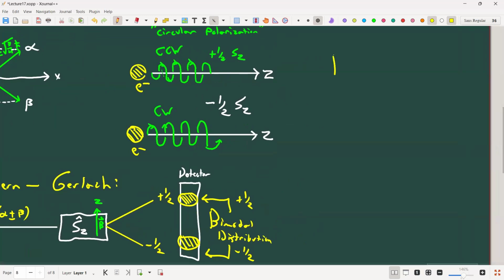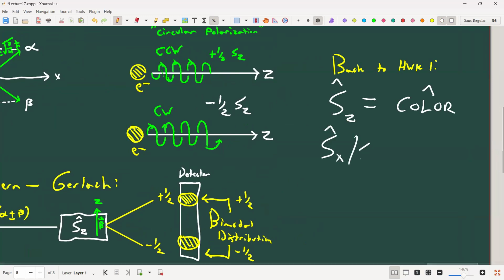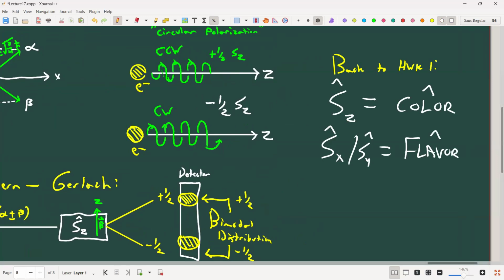All right, so back to homework 1. S sub Z is the same as color. And S sub X or S sub Y, which are the ones that we can't know, are flavor. By definition, right?